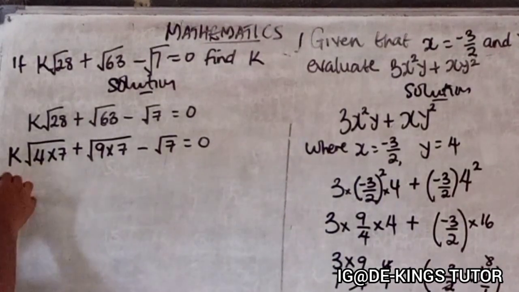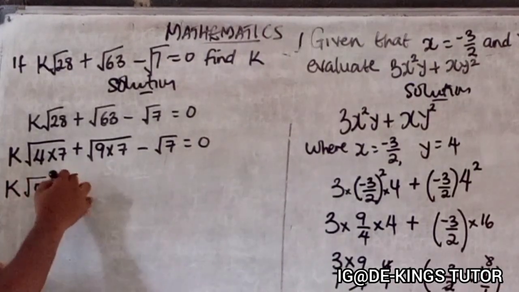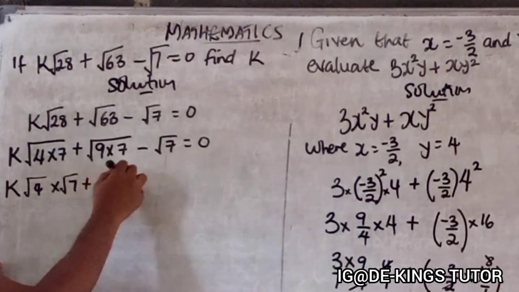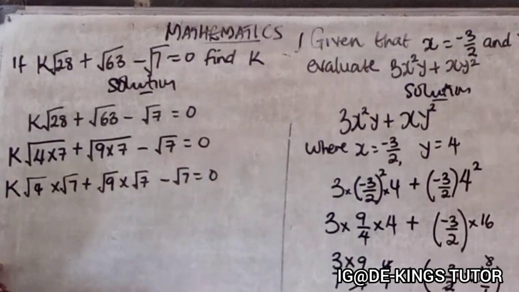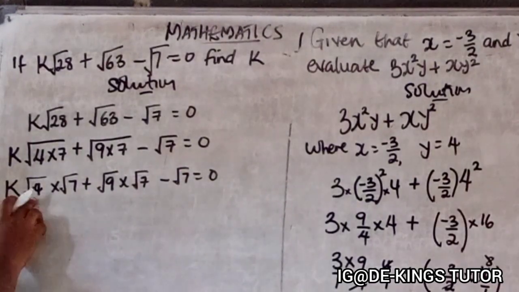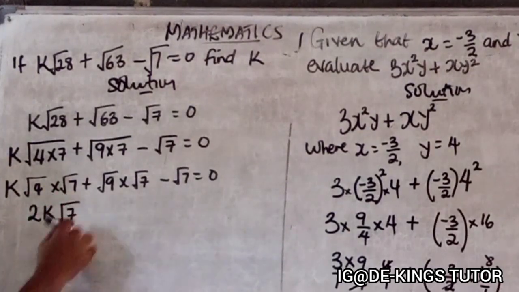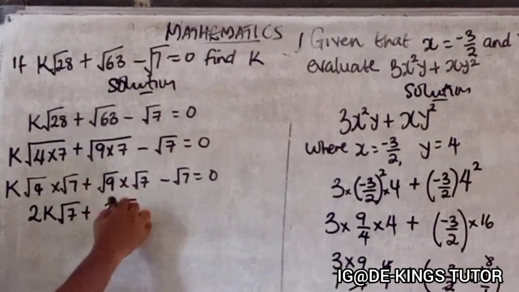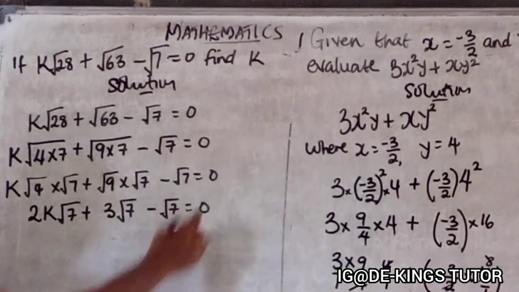So from here, k times root 4 times root 7 plus root 9 times root 7 minus root 7 equals 0. So it will give us 2k root 7 plus 3 root 7 minus root 7 equals 0.